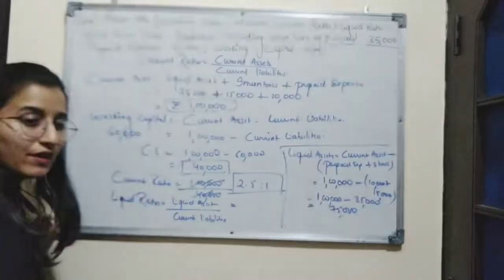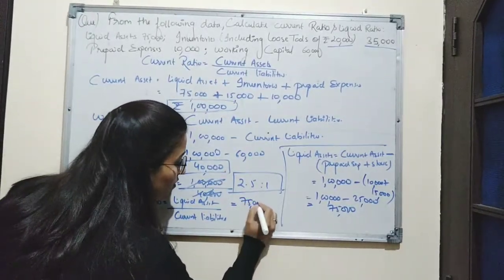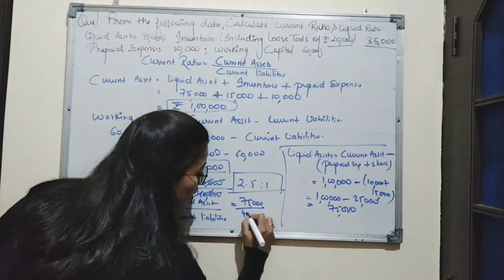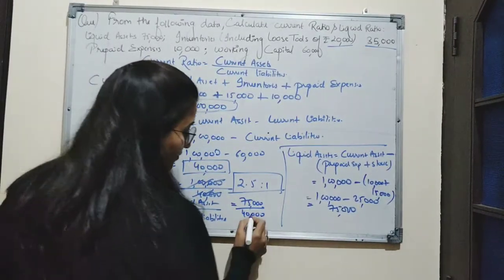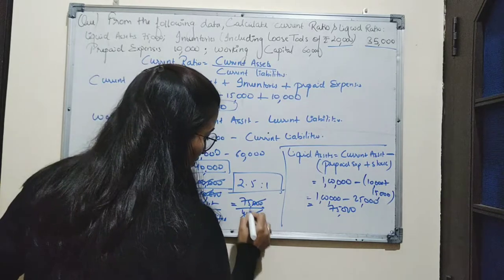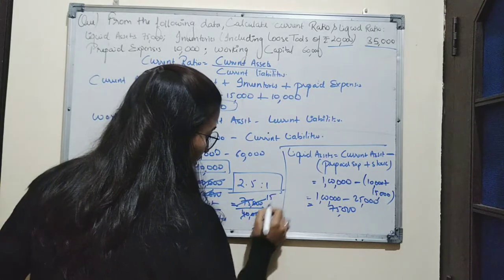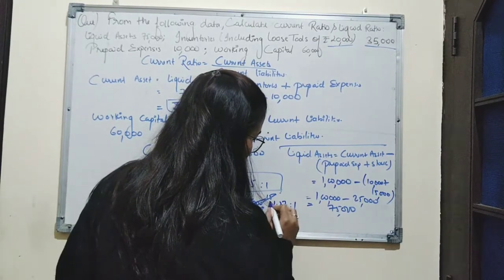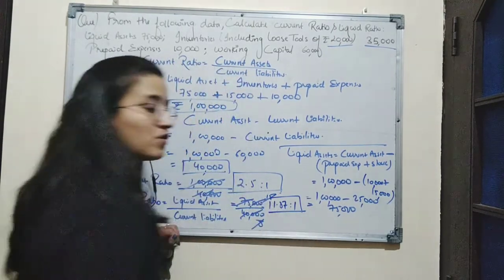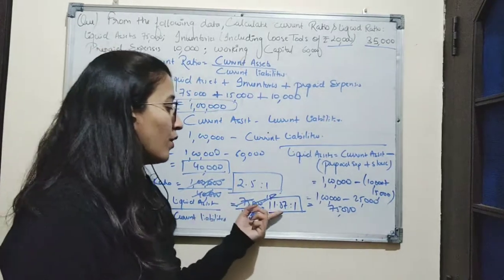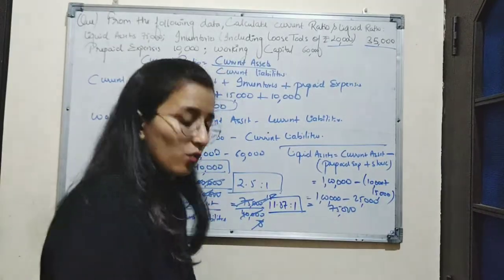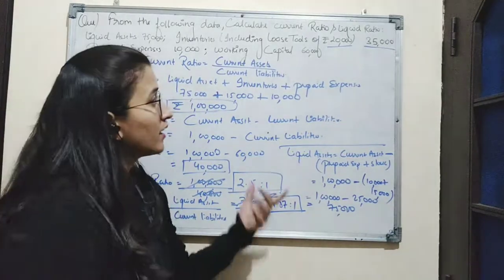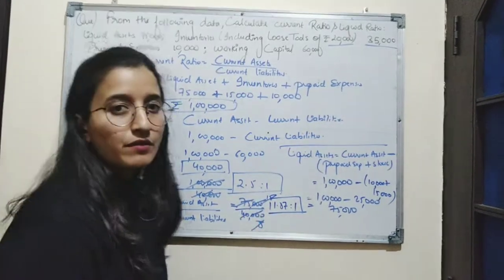So here amount of liquid asset is 75,000. Current liability we have already calculated, which is 40,000. So liquid ratio is 1.87:1. So this is how we calculate current ratio and liquid ratio.